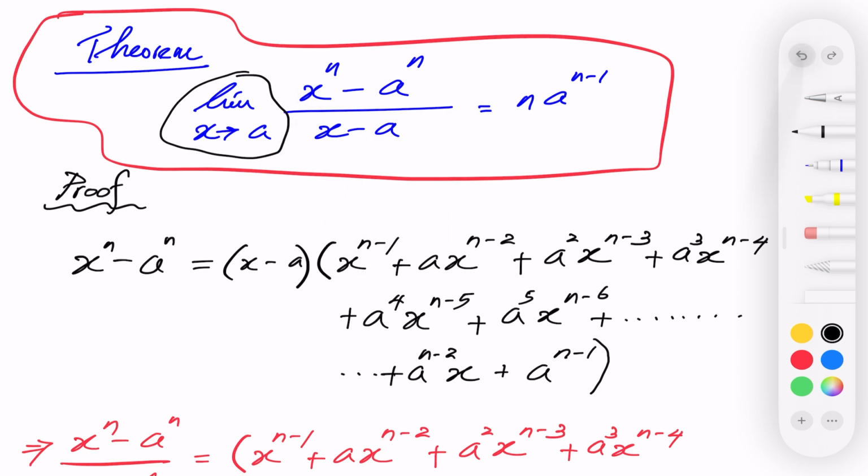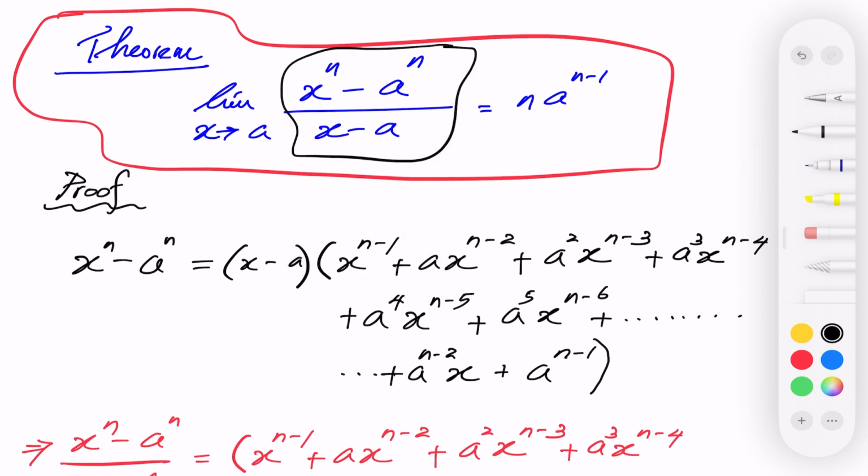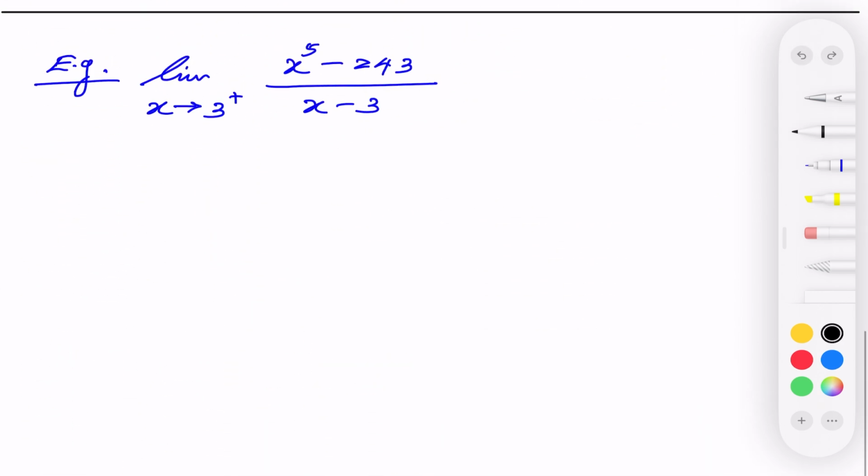That indicates that the limit as x approaches a from the negative side exists, and the limit as x approaches a from the positive side also exists, and those two are equal to each other for this function right here. Therefore, whether the given question has a right hand side limit or a left hand side limit, or whether that side is not specified, no matter what, that theorem can be applied without any issues.